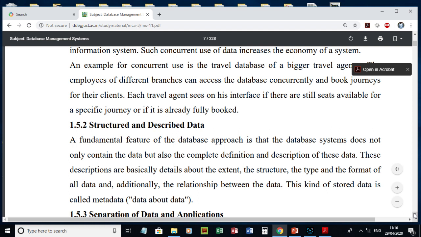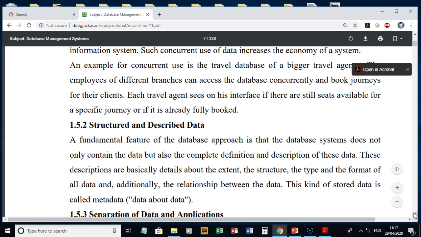He said these descriptions are basically details about the extent, the structure, the type, and the format of all data, and additionally the relationship between the data and the various files. This kind of stored data is called what? Metadata. Data about what? Data. Right? Data about data. So we have schema and sub-schema.